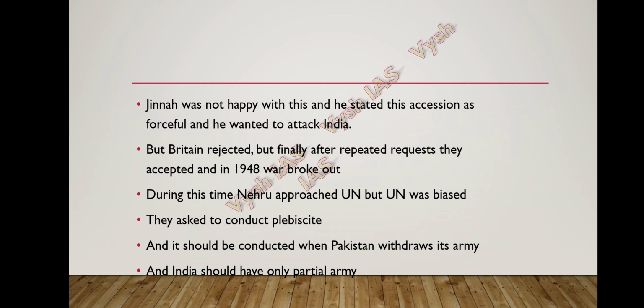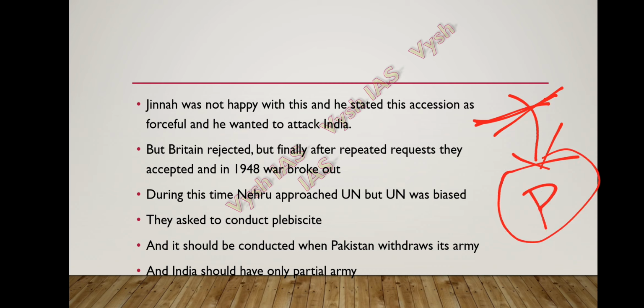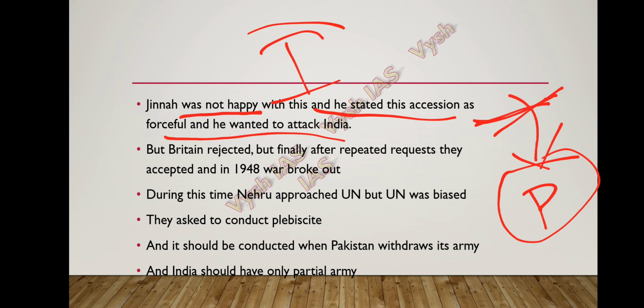But Jinnah was not at all happy because he wanted Jammu to get annexed to Pakistan. He was very unhappy, and he stated that the instrument of accession signed by Hari Singh was forceful, and he wanted to attack India because of this situation.